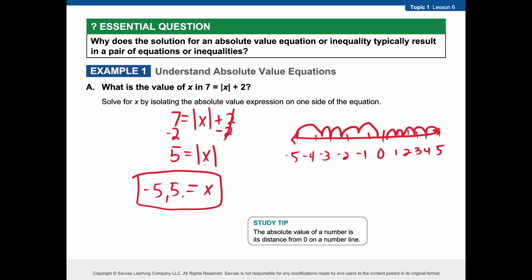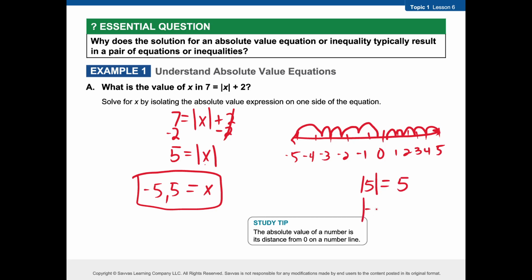So 5 and -5 would be the solution to this equation. If you want to check it, you can plug in 5 here. Absolute value of 5 is 5 plus 2 is 7. The absolute value of -5 is 5 plus 2 is 7. So 5 and negative 5 should be your answers.